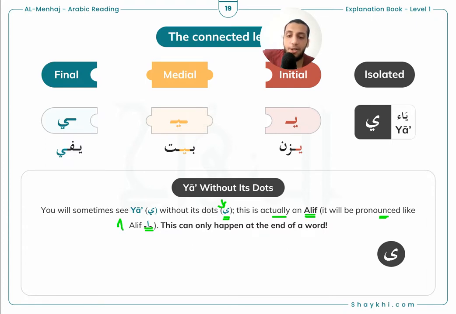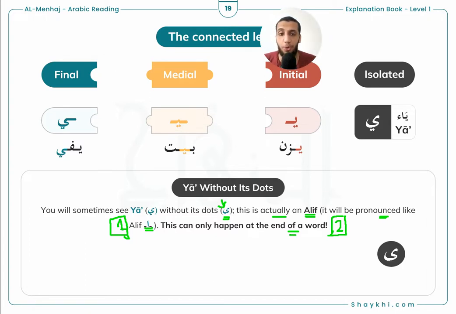This is the first point, that it will be pronounced like alif, and this can only happen at the end of the word. This is the second point. So we have two points here, okay. Count them as three points.